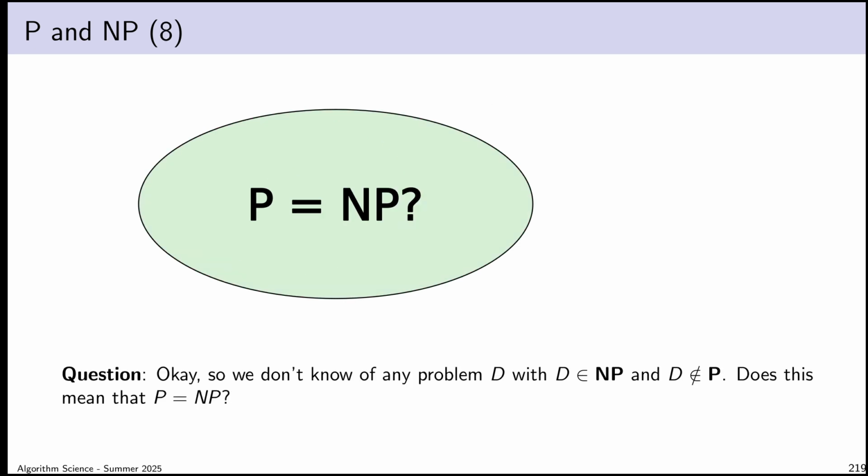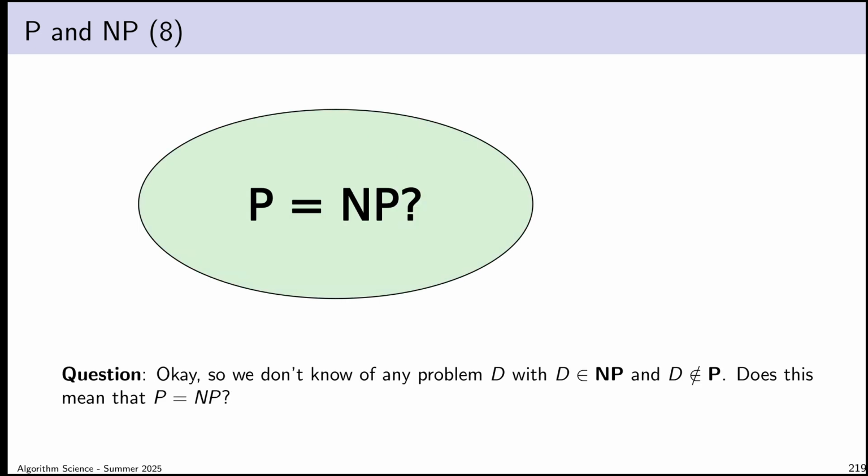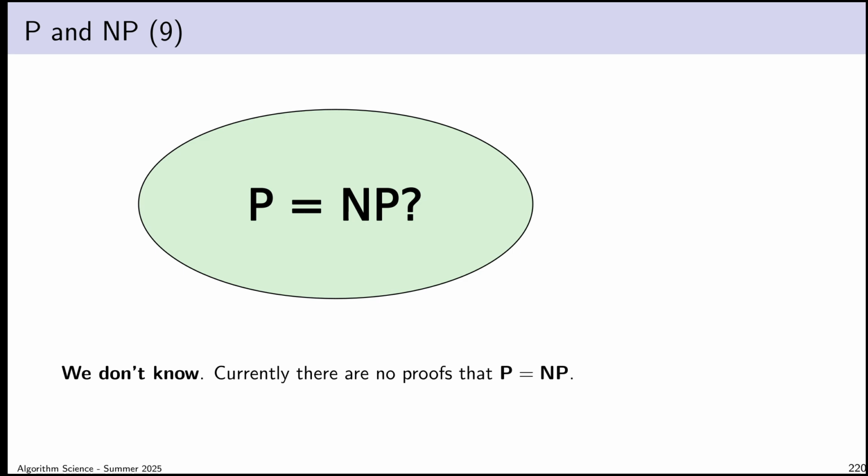Okay, how about this? We don't know of any problems that are not in P but are in NP. So all the problems that we know about that are in NP may or may not be in P. So does that mean that P equals NP? Is it true that everything in NP can be solved in polynomial time? Well, we don't know that either. There are no proofs out there as of August 2025 that P equals NP.